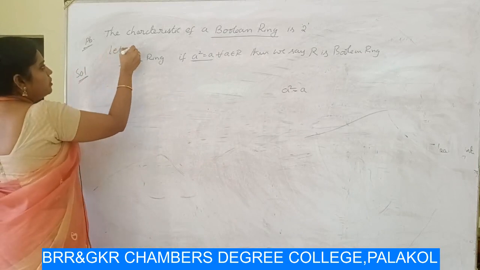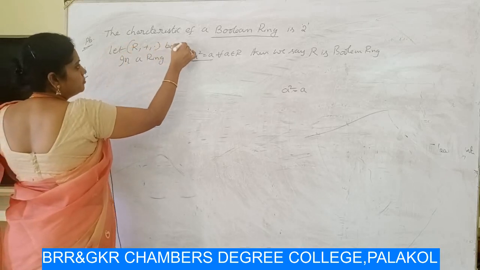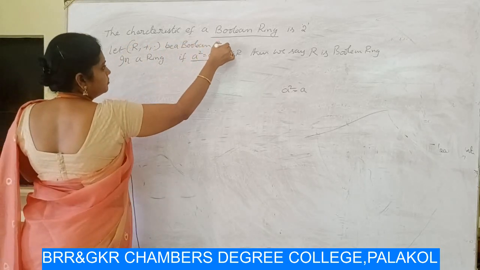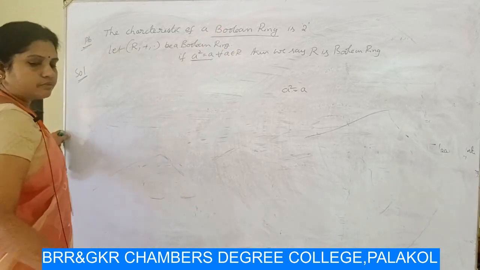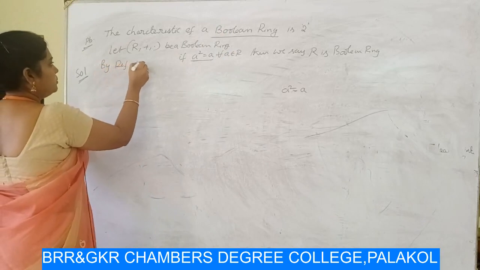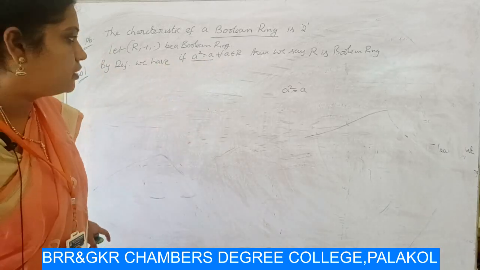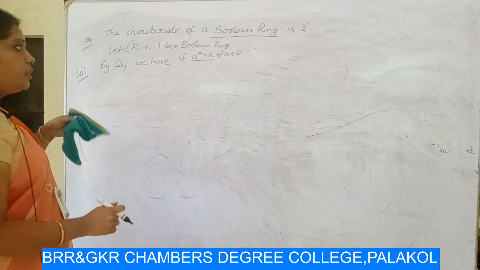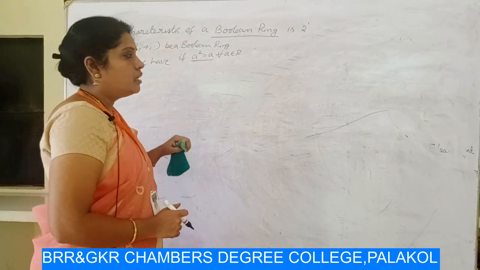Let R, plus, dot be a Boolean ring. By definition, we have a square is equal to a for all a belongs to R. Now we have to prove the characteristic of this ring is 2.